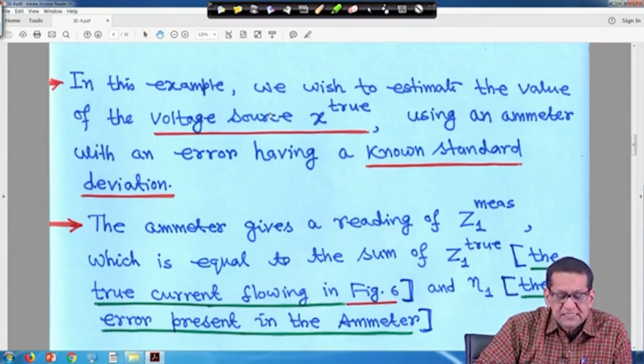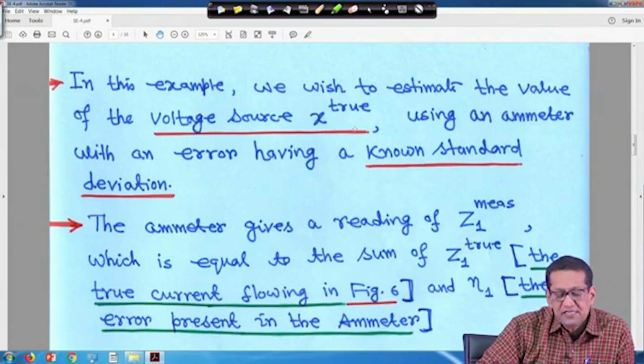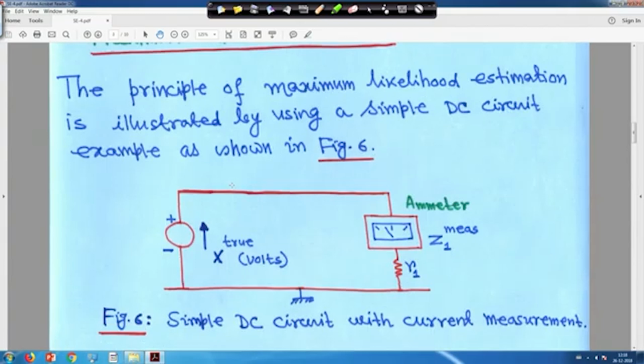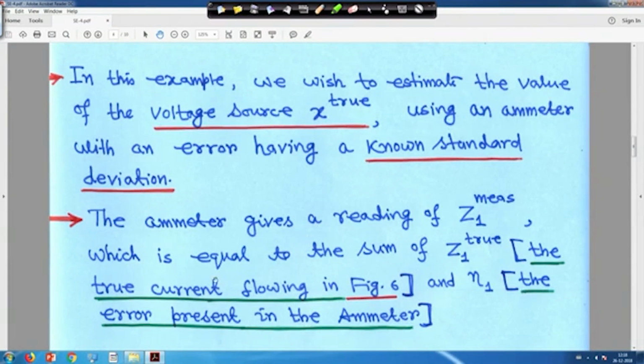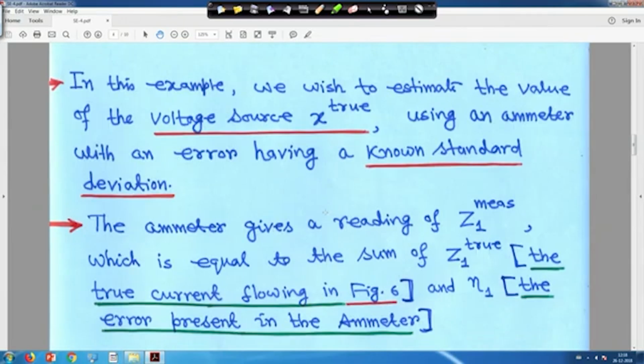Now, in this example, we wish to estimate the value of the voltage source x2 using an ammeter with an error having a known standard deviation. We know the ammeter, and we know the standard deviation, right. The ammeter gives a reading Z1 measure, which is equal to the sum of Z1 true, the true current flowing in figure 6, and zeta 1, the error present in the ammeter.